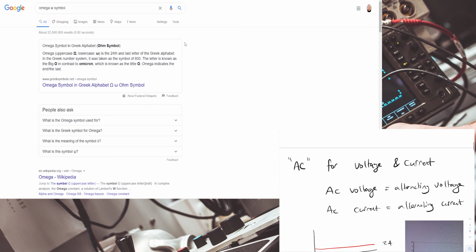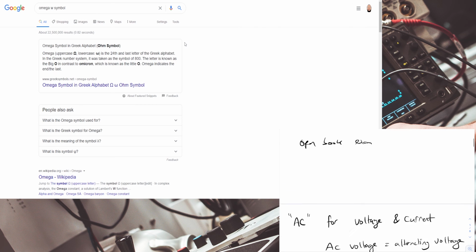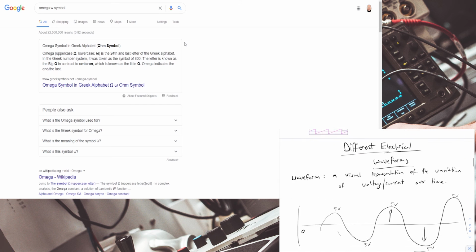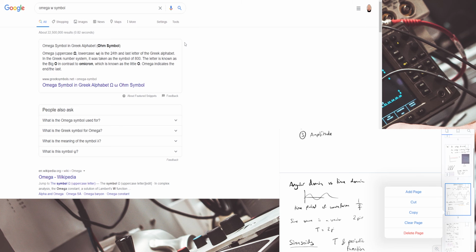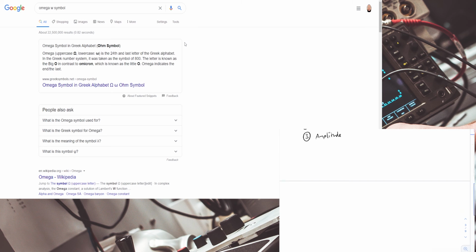So then we just write something about this, I suppose. So we've got different waveforms. Let me just add a page in here. I'm going to continue this later, I've got the second lecture in 7 minutes' time, but I just want to touch on the meanings, so let's put omega.